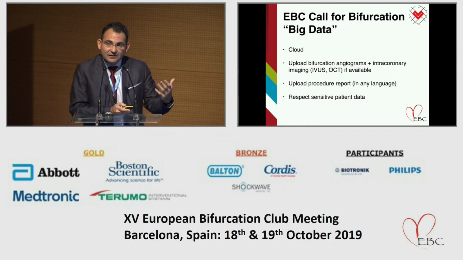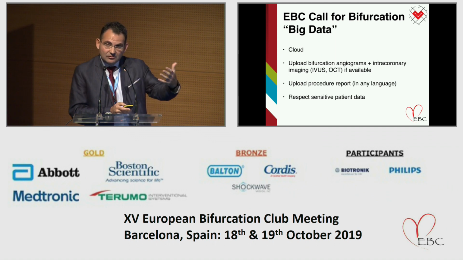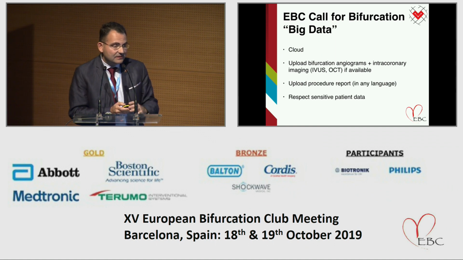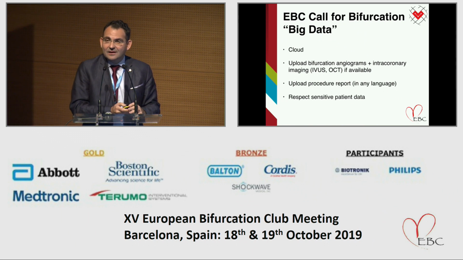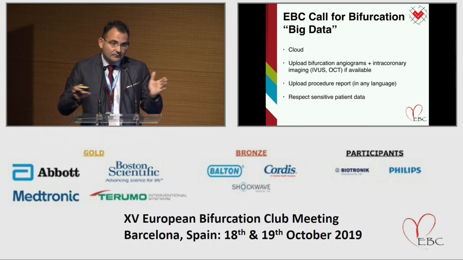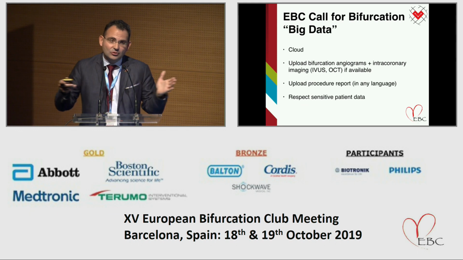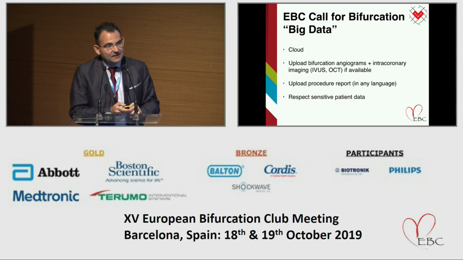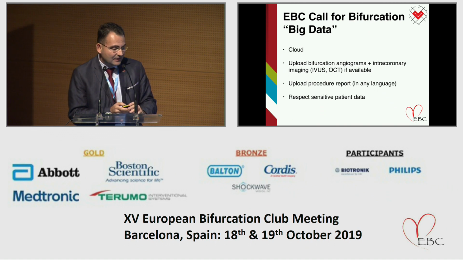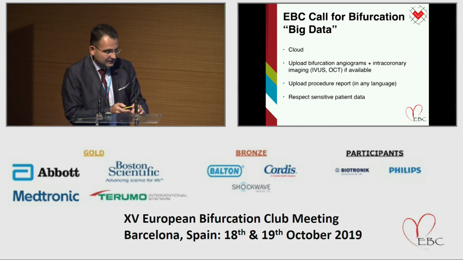So the simple request, we'll get to you with more details, but the request is to start collecting data, and by collecting data and having the whole footprint and spectrum of bifurcation geometries, we can get important information through computational approaches about our bifurcation techniques. And of course, we respect patient-sensitive data.